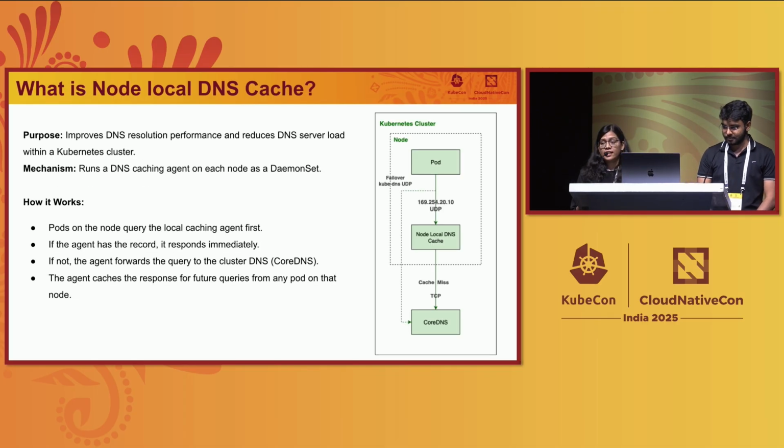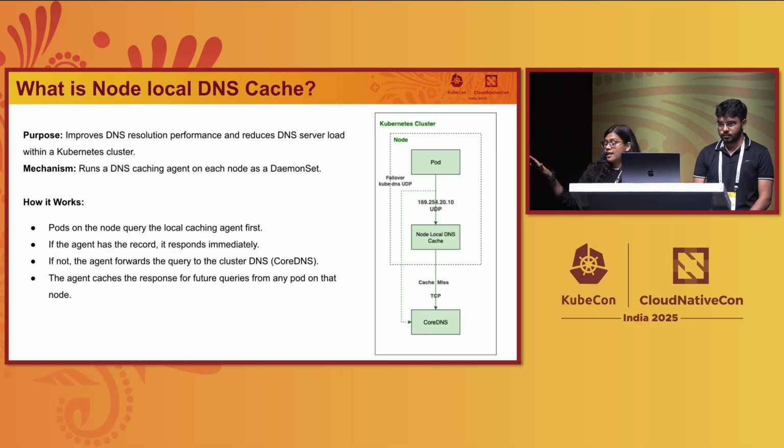Cool. Now let's see what is Node Local DNS Cache. At its core, it's a local DNS caching agent running across each node, typically as a daemon set. Think of it as a DNS resolver running locally for your pod. Now, let's see how it works, and you can follow along with the diagram on the right. When a pod needs to resolve a DNS name, instead of sending a query to the core DNS, it first sends a query to this local caching agent.